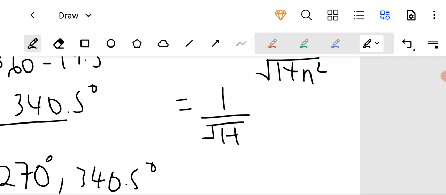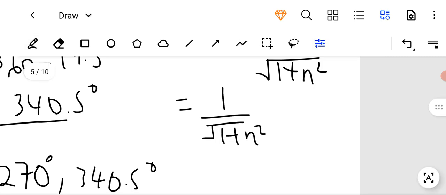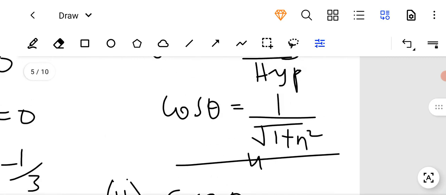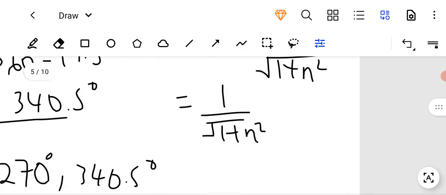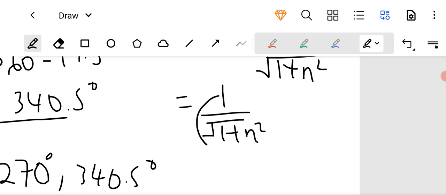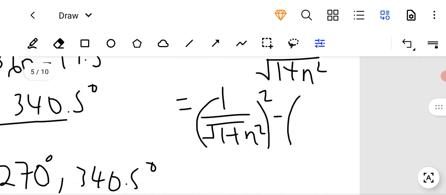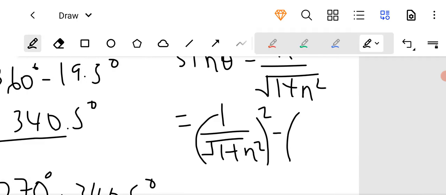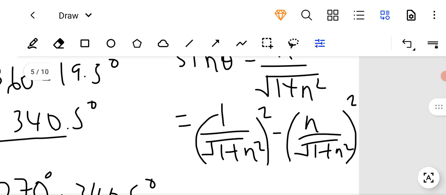Let me just write that properly. Let's confirm our cos theta. Yes. Then you write it in a bracket, squared, then minus sin theta, which is what? n divided by square root of 1 plus n squared, and then you also square it.